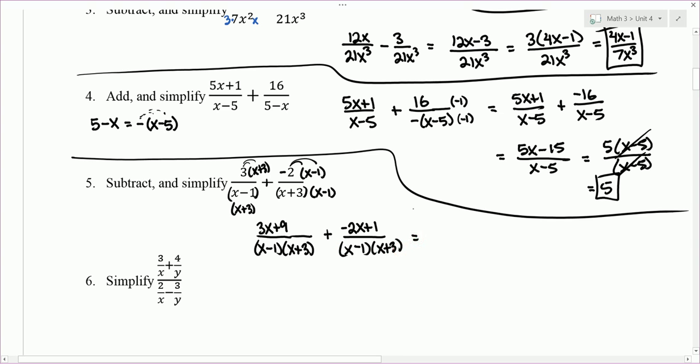Now combine like terms, or add the fractions together, and we get 3x minus 2x is x. 9 plus 1 is 10. So x plus 10 over x minus 1 times x plus 3. And that is as simplified as we can get it.